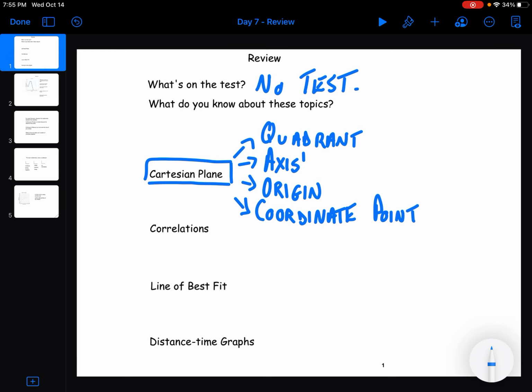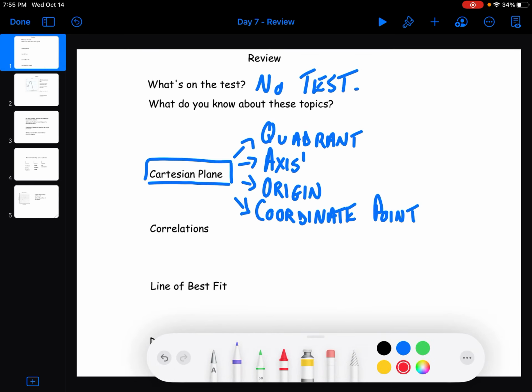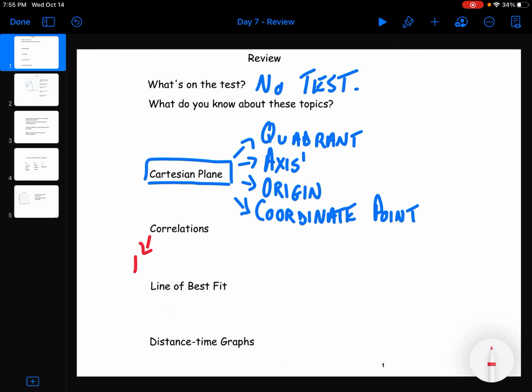Okay, correlations. You should know, I'll switch colors here, positive, negative, linear and non-linear.